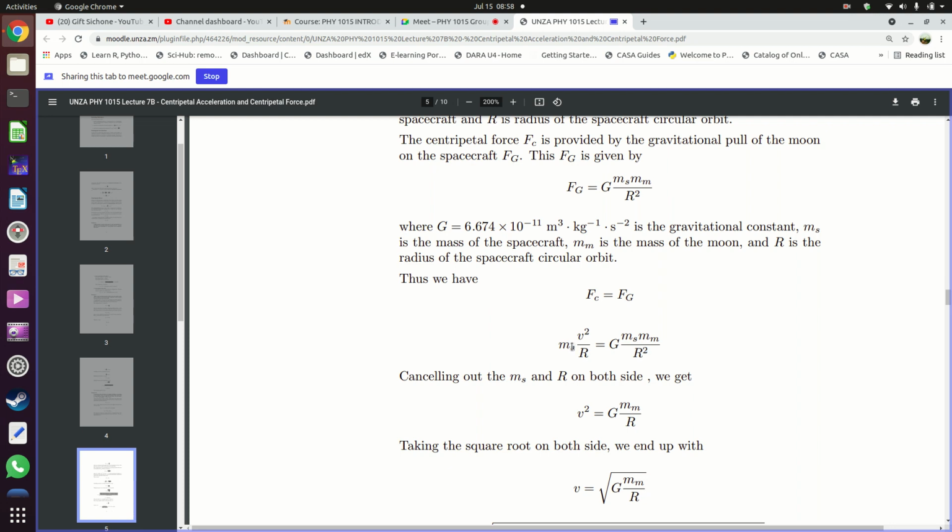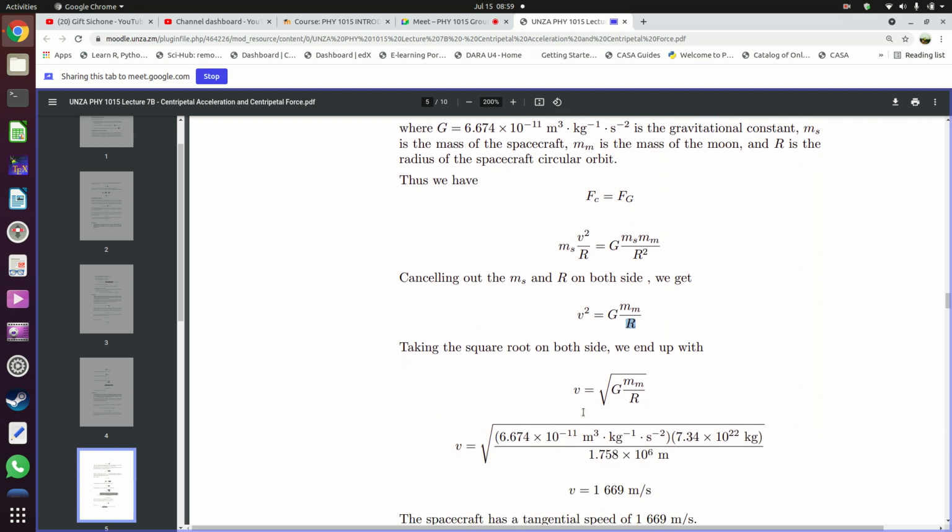There is the mass of the spacecraft ms on this side, and there is also ms on that side, so we cancel them out. There is an r here, and there is r squared here. So we cancel out one r, and we're going to remain with an r on this side. When you do that, we're going to remain with v squared equal to G, the mass of the moon divided by r.